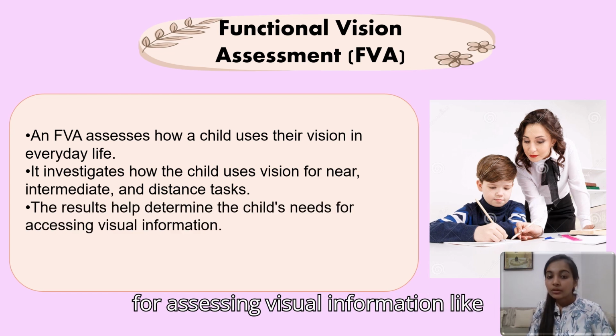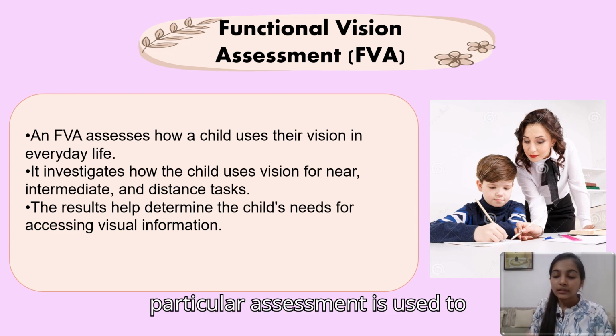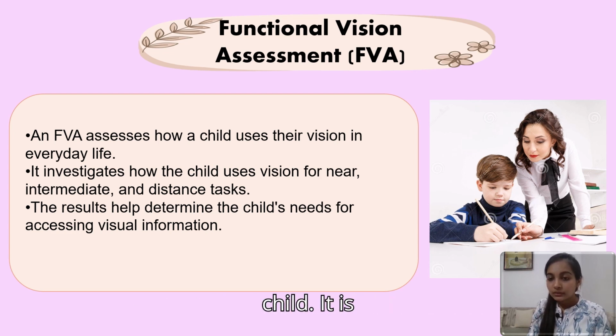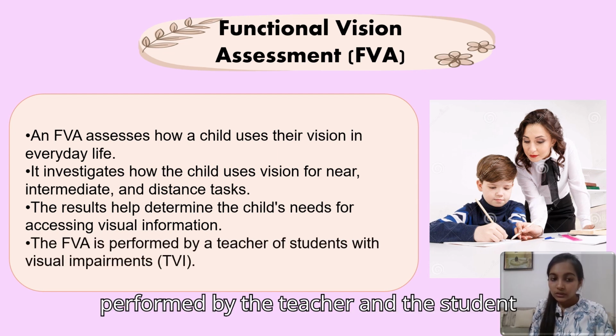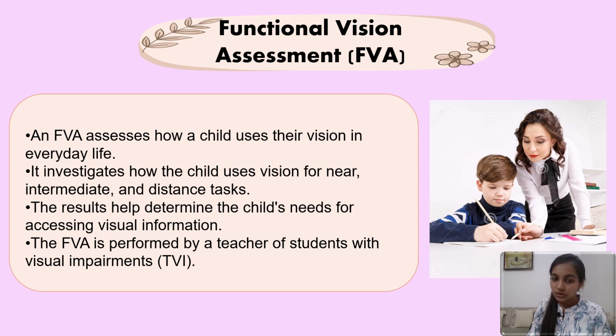The results help to determine the child's needs for accessing visual information, like the details obtained from this particular assessment are used to assess the visual impairment of the child. It is performed by the teacher and the student with visual impairment.